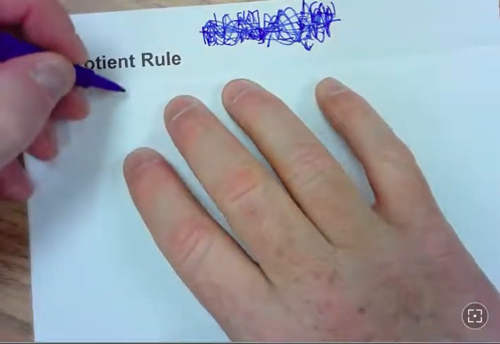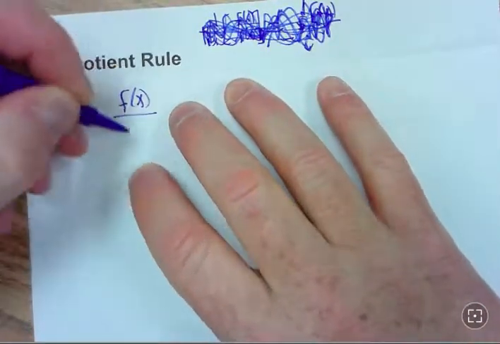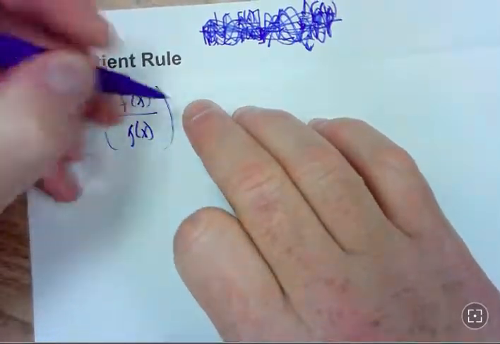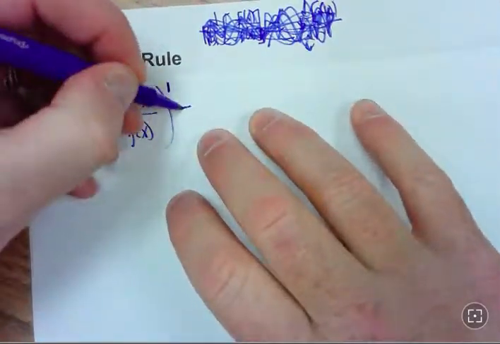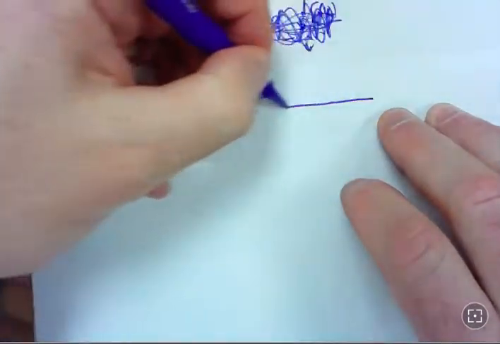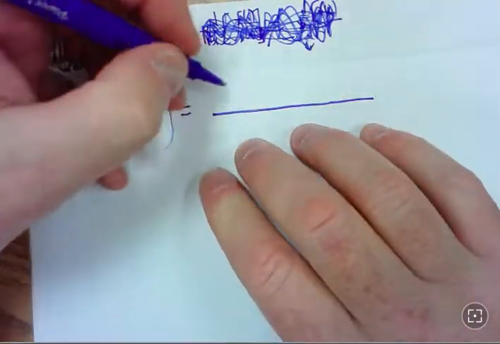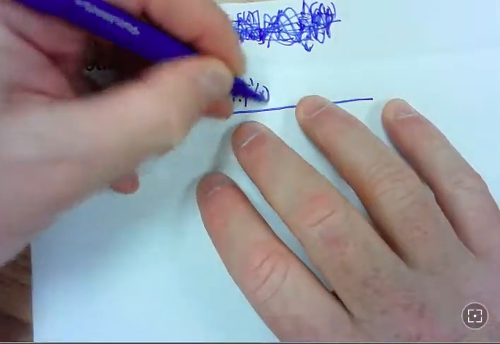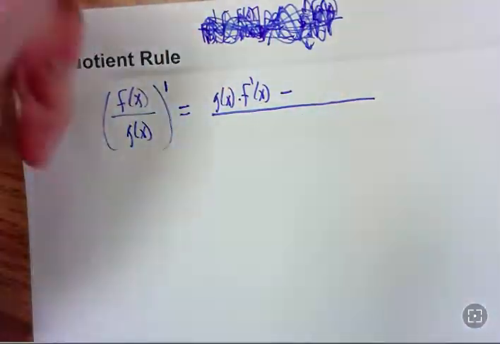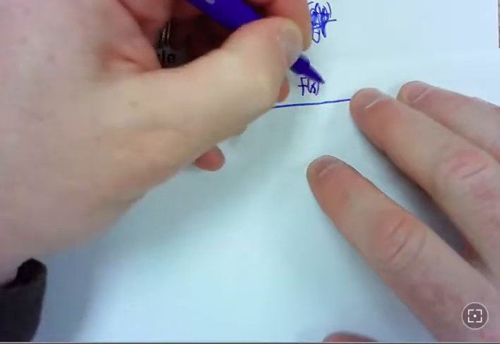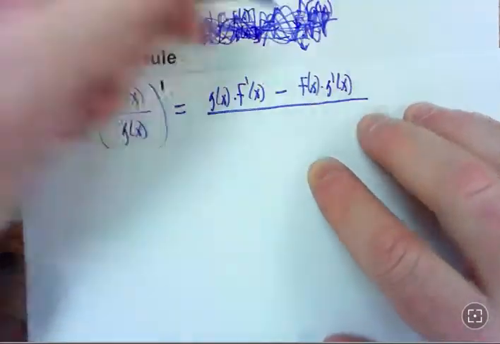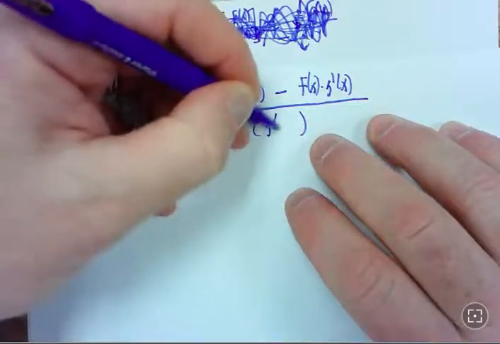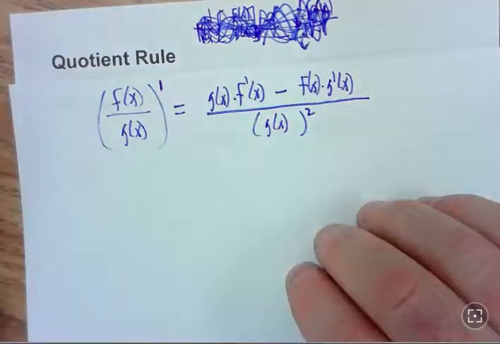And so if you ever have the quotient of two things, division, and we want this derivative, first of all, it's a big fraction. So what we do is we take g times f prime minus f times g prime, all divided by g squared.